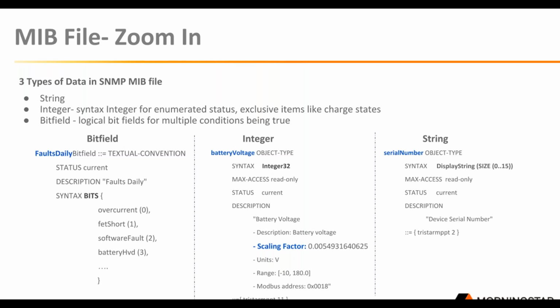So if it's required by one person, likely it's been done by somebody else, and you may be able to find some additional integration tools available there. That gives you just an overview of the MIB syntax used for Morningstar products.